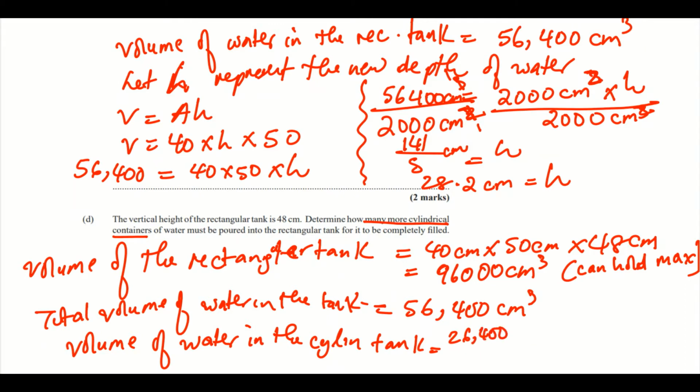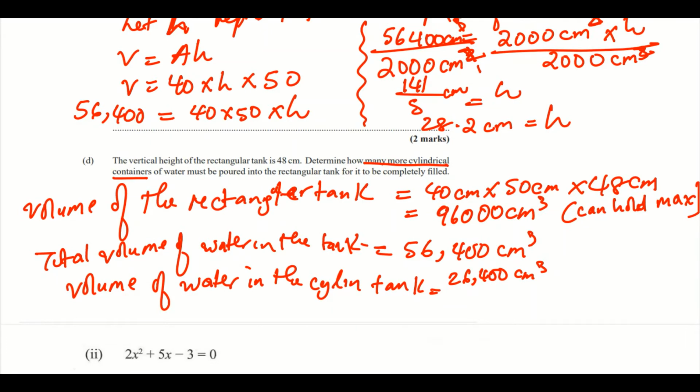Now we need to know how much more water is needed to fill the tank. The tank has this in it already, and it can hold this maximum, so it needs more.